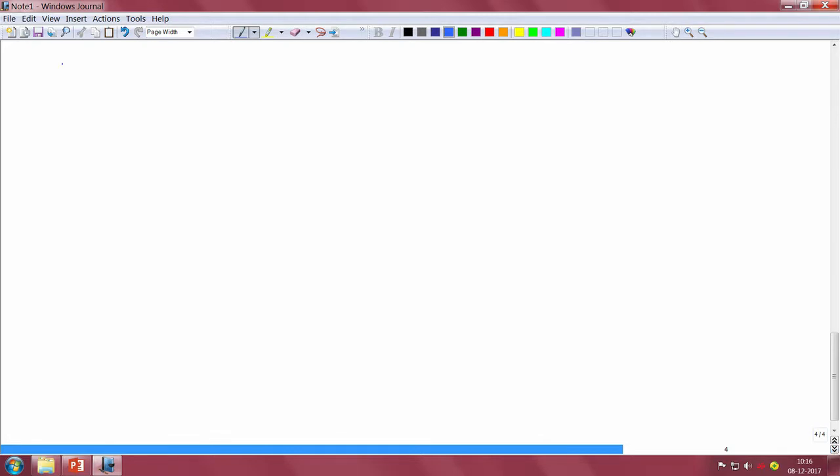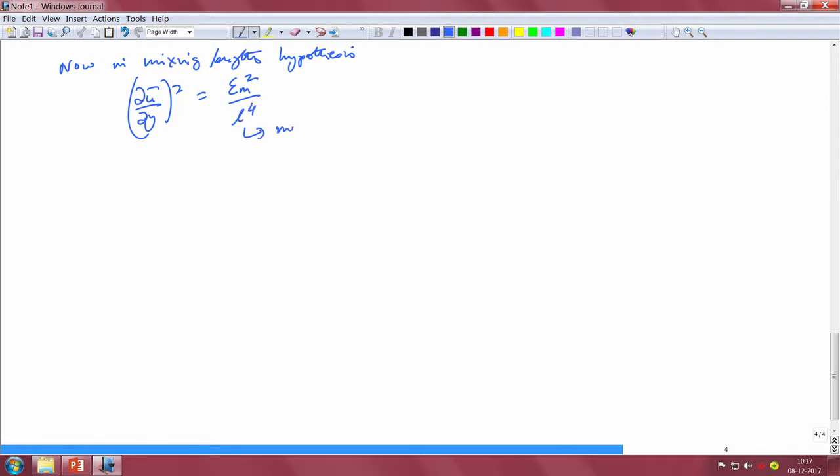Now, in mixing length hypothesis, if you recall, your du by dy square was given as epsilon m square by L to the power of 4, where L was the mixing length.